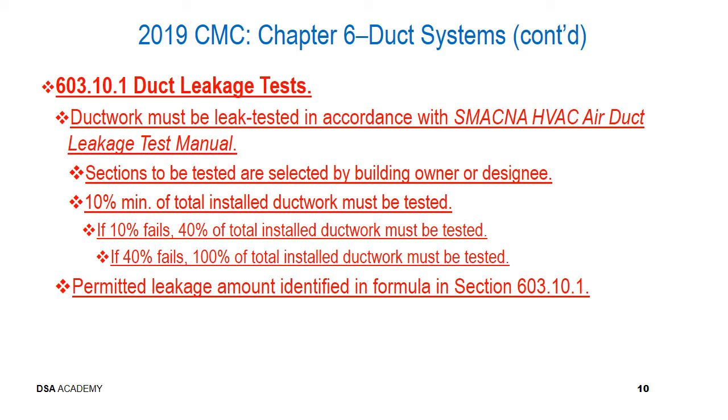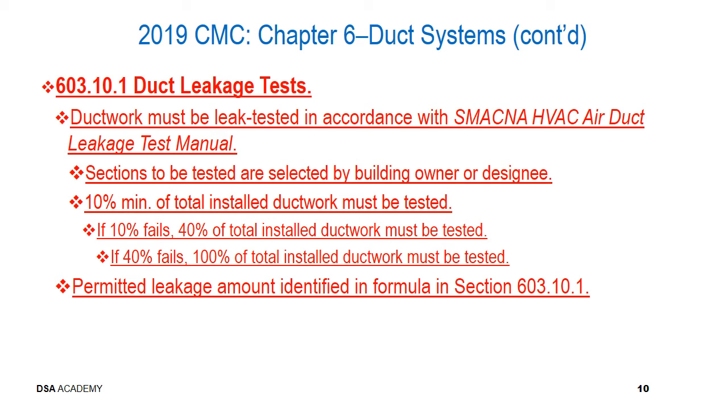and 10% minimum of the total installed ductwork must be leak tested. In the event that 10% fails, then 40% of the total installed ductwork is required to be leak tested. In the event that 40% fails, then 100% of the total installed ductwork must be tested. And obviously the purpose for this testing is to determine where the leaks are and to also fix the leaks.